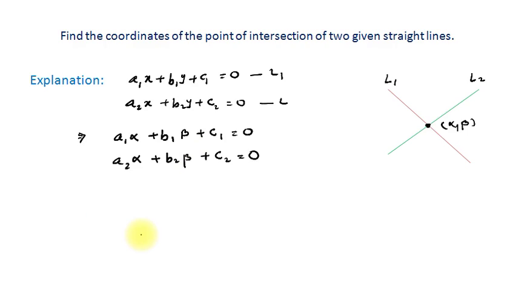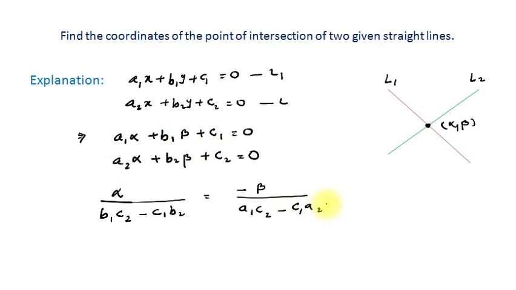So in order to find the point alpha beta, here we use the cross multiplication method, and we can write alpha divided by b1 c2 minus c1 b2, this is equal to minus beta divided by a1 c2 minus c1 a2, and this is equal to 1 divided by a1 b2 minus b1 a2.